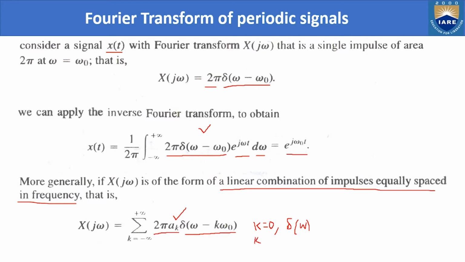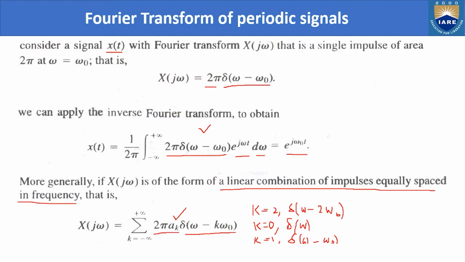Now when k equal to 1, then it is delta omega minus omega naught. Then if k equal to 2, it is delta omega minus 2 omega naught. So like that we can go on for an infinite number of k values.